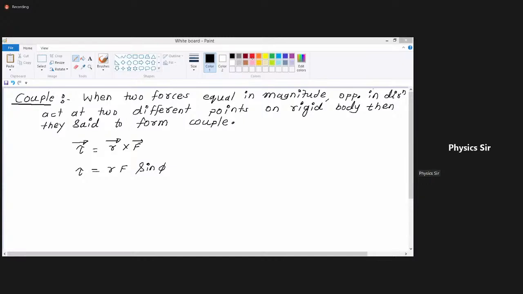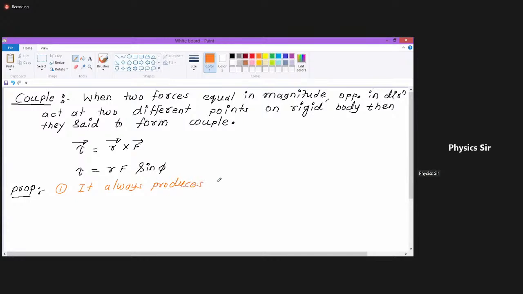Now there are some properties of this couple. The very first property is that it always produces a rotational motion. Number two, it is a vector quantity.